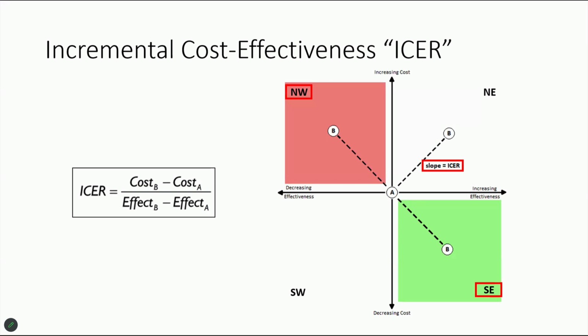Respectively, they're the interventions that are more effective and lower cost, or less effective at higher cost. Typically, we're most interested in this northeast quadrant, where interventions are more effective, but also more costly.